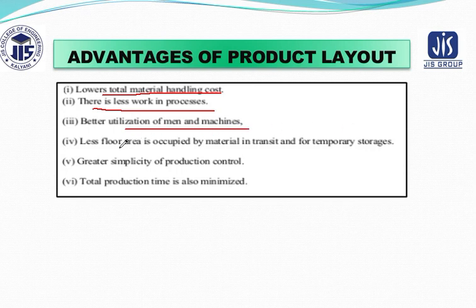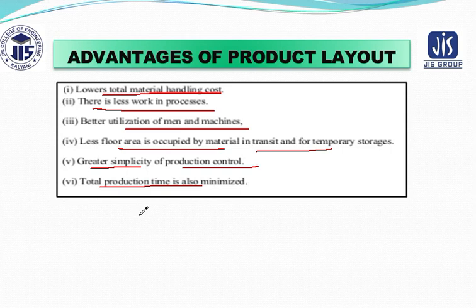Fourth, less floor area is occupied by materials in transit and for temporary storage. Fifth, there is greater simplicity of production control. And sixth, the total production time is minimized.